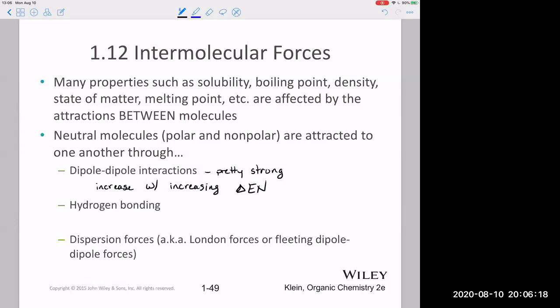So molecules that have really big differences in the polarities in their bonds will also have stronger dipole-dipole interactions. Hydrogen bonding, very strong. And this is also going to increase with increasing difference in electronegativity.